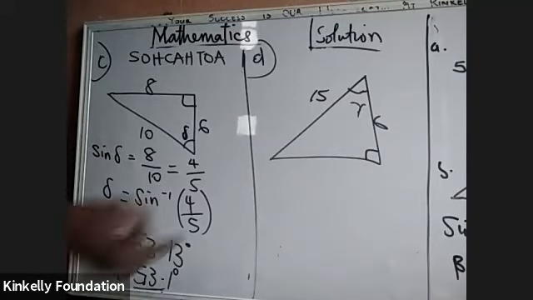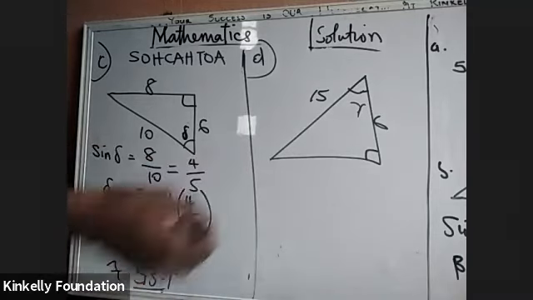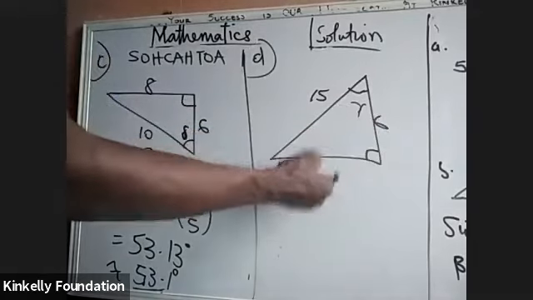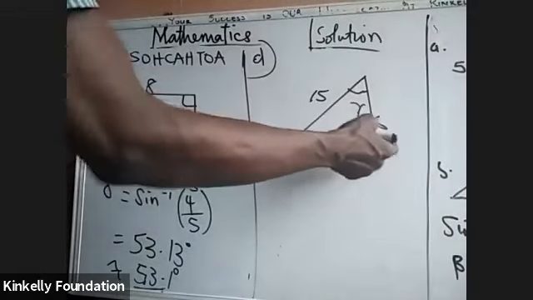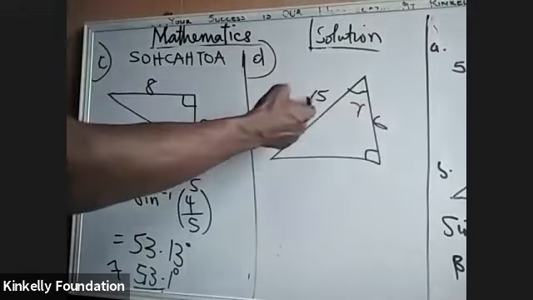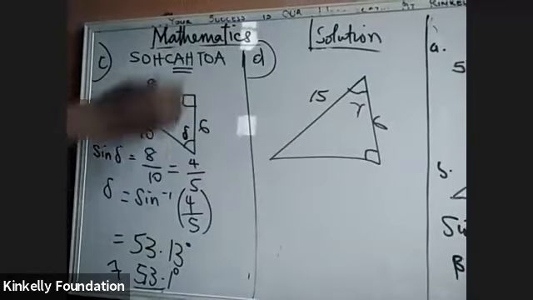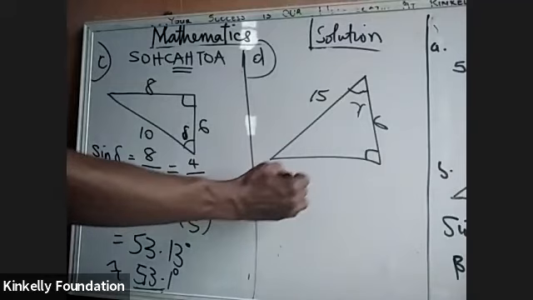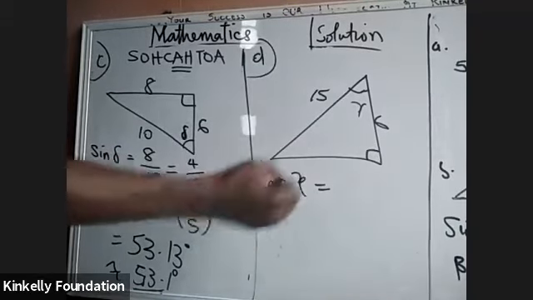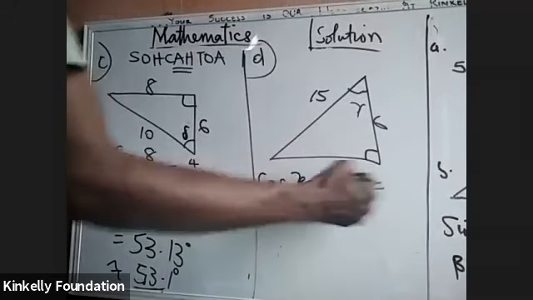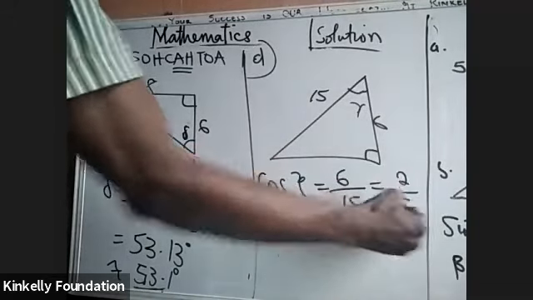For the second one, I used a different thing. This is the opposite, this is the adjacent. Now 6 and 15, adjacent and hypotenuse, we can talk about cosine. Gamma will now be 6/15, which is the same thing as 2/5.